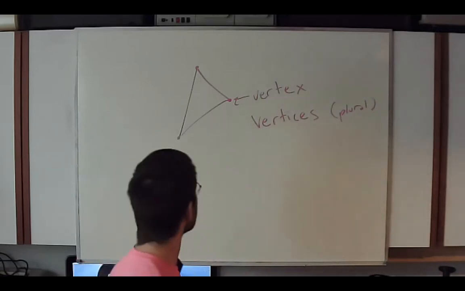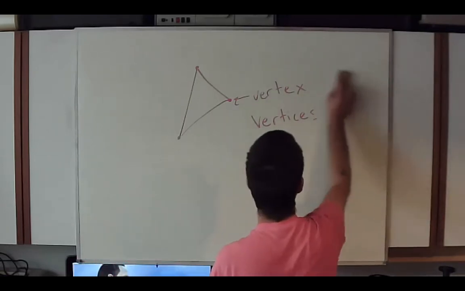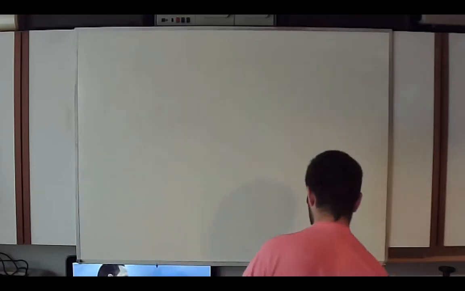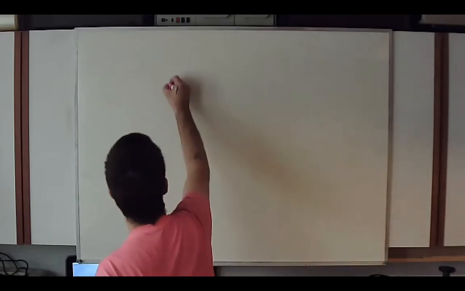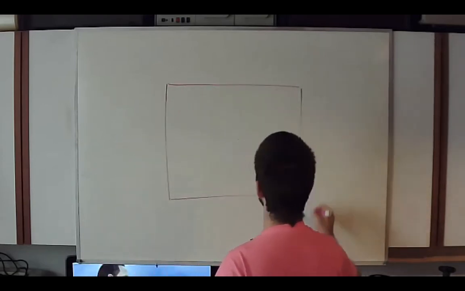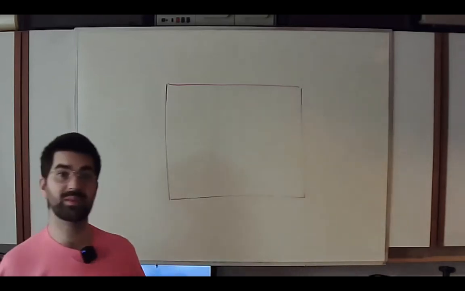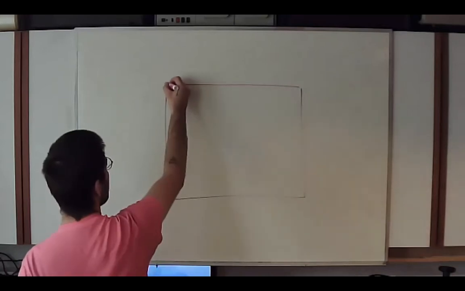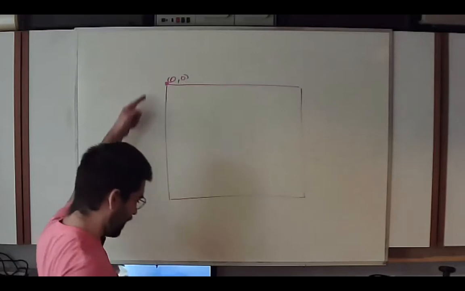So let's just go over that really quick. We'll start out easy. We're going to do something that's basically the same as doing a triangle first. We're going to remember that our origin point is up here in the top left corner.